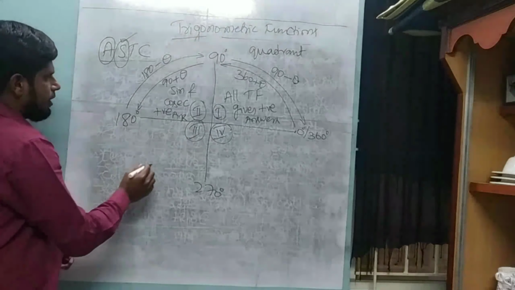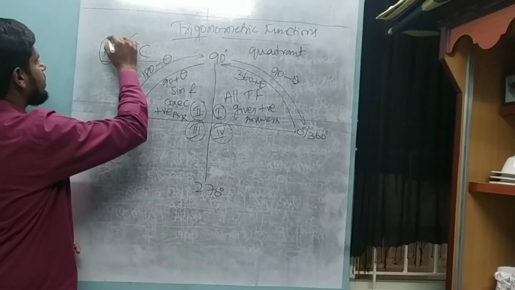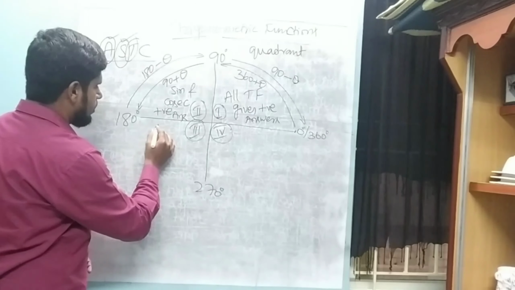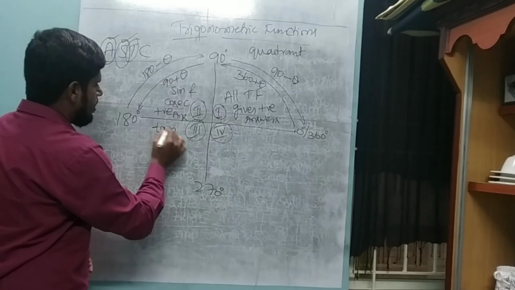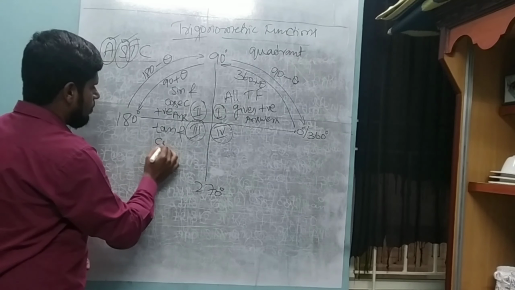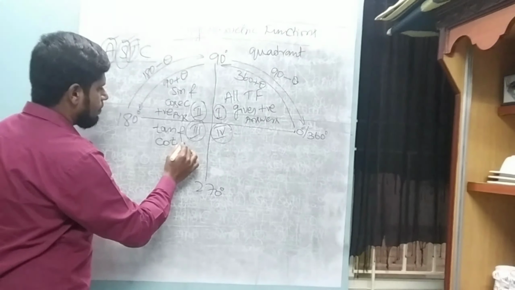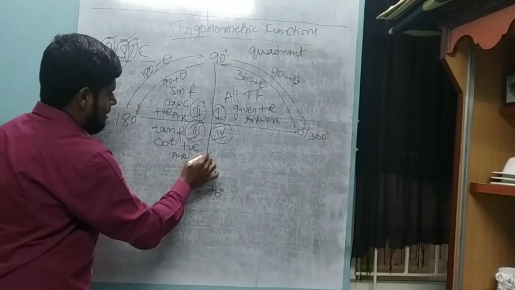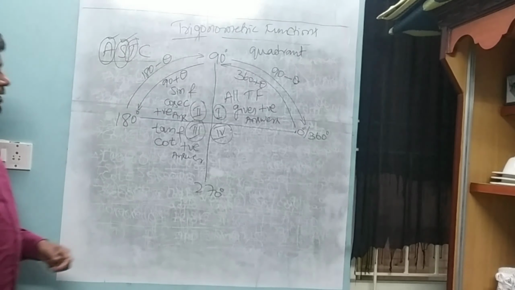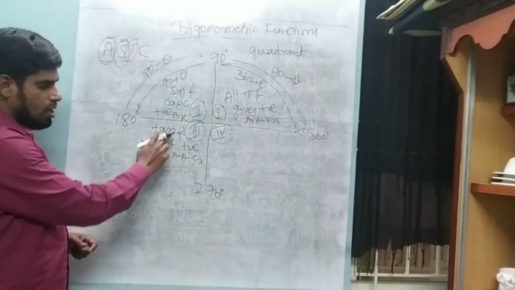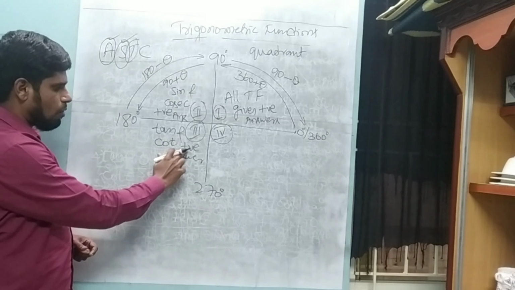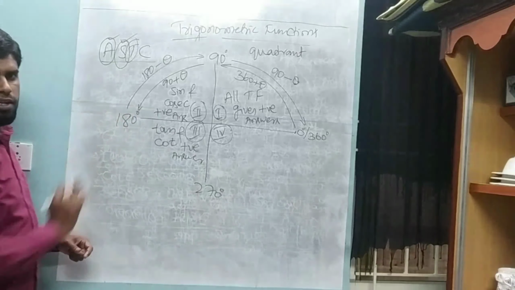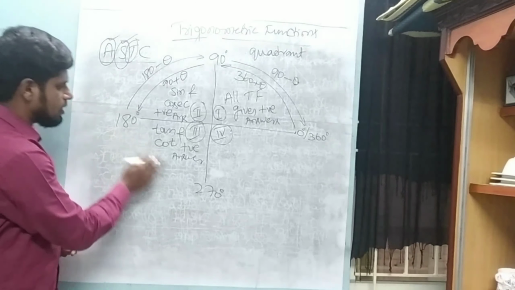Then the third quadrant. In the third, the third alphabet is T. T for tan. In the third quadrant, tan and its reciprocal, what is its reciprocal? Cot, give positive answers. So students, in the third quadrant, the tan function and cot function give positive answers. Then automatically the other 4 give negative answers here. How can we represent the third quadrant?